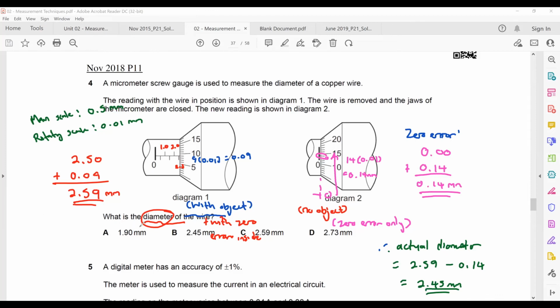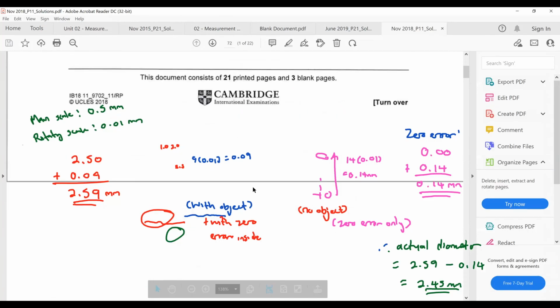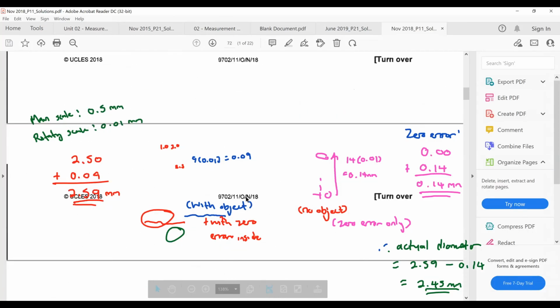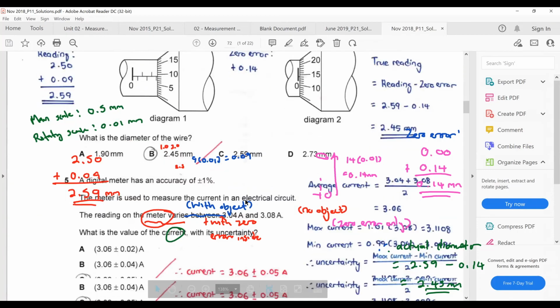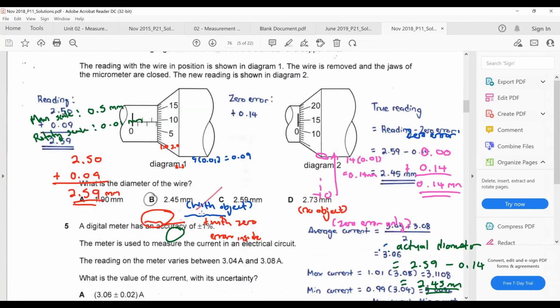So the answer for this should be B. Okay, wait. November 18 P11 question 4, right? Answer is B. Pretty sure it is B. Okay, yeah, answer is B, right?